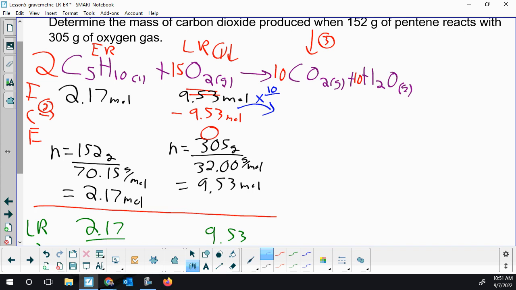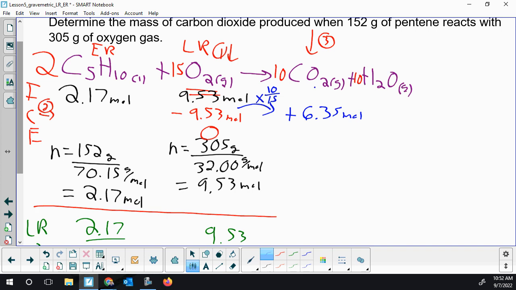Oxygen is the given data, and that's a 15. So let's see, 10 over 15. That's like 2 over 3, a bit less than 1. So we're going to have less moles of CO2. We're going to have 2/3 the amount. We're going to make 6.35 moles. That's 2/3 or 10/15 of 9.53.